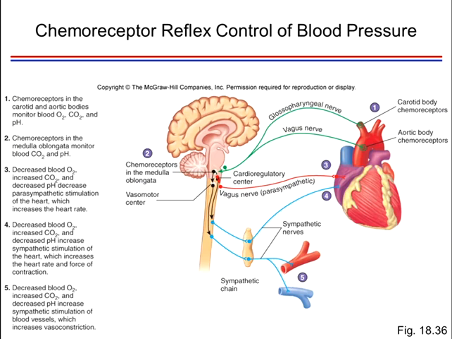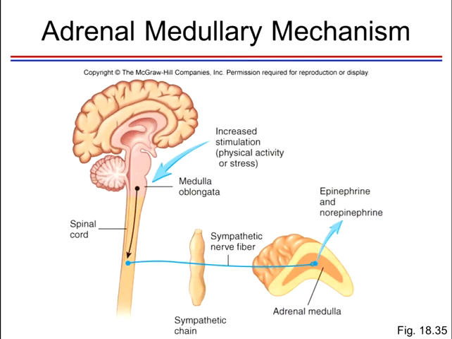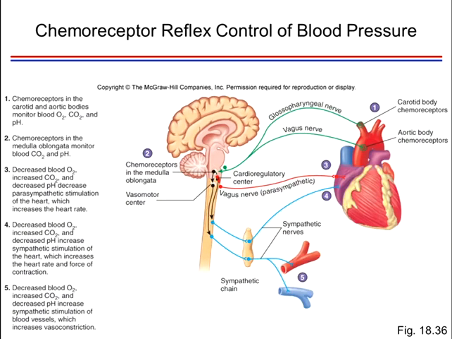So the glossopharyngeal nerve, cranial nerve 9, and the vagus nerve, cranial nerve 10, send their respective information to the cardioregulatory center. Notice it's located in the same areas where we find the vasomotor center, and the cardioregulatory center is probably a better description of everything.